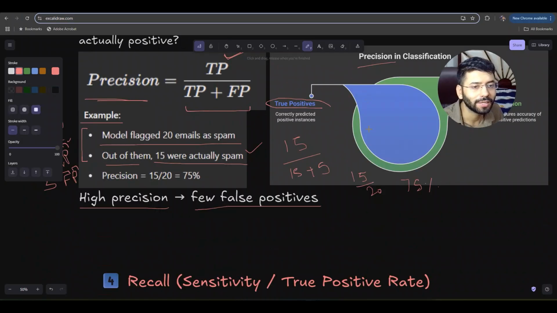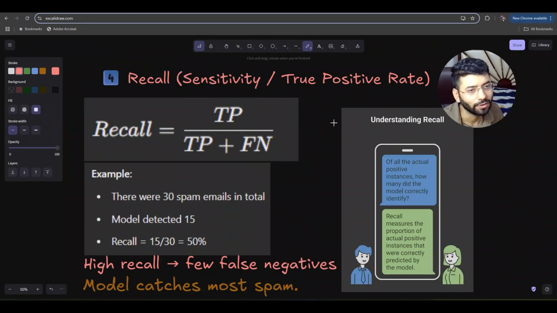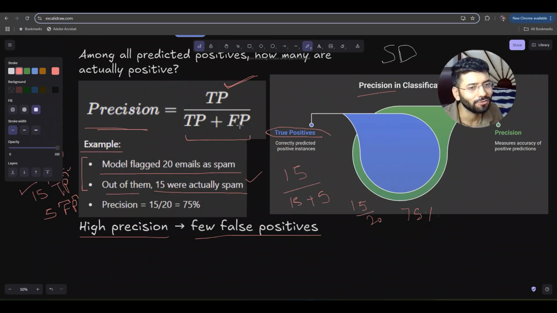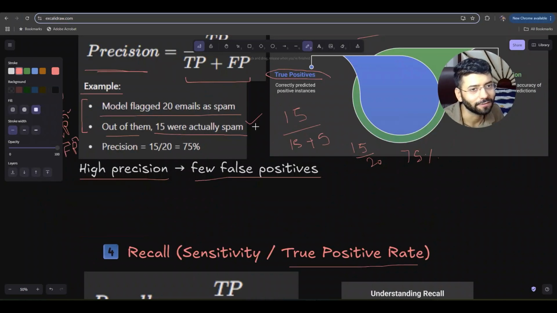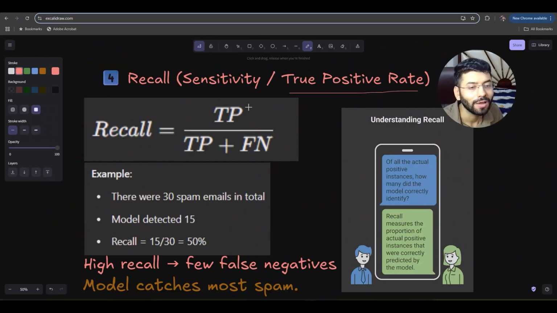Now after precision, let's talk about recall, which is also called sensitivity or true positive rate. If you check the formula, it is slightly different from precision. In precision, we had true positive divided by true positive plus false positive. Whereas in recall, the numerator is the same, true positive, but the denominator is different: true positive plus false negative.